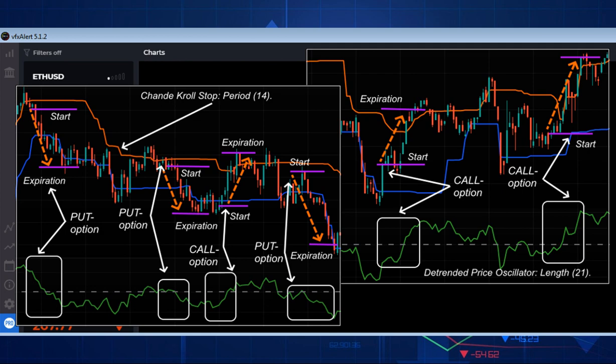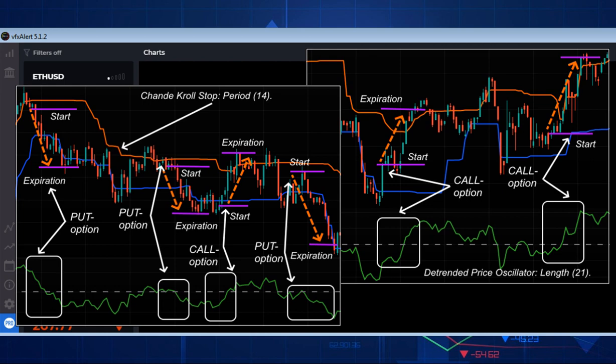On the screen, trading signals and open options when the following conditions are met. Up call option: the price is above the moving average or breaks out from the bottom up, MACD is above the zero level, RSI is moving towards the overbought zone, level 70. Down put option: opposite signals.